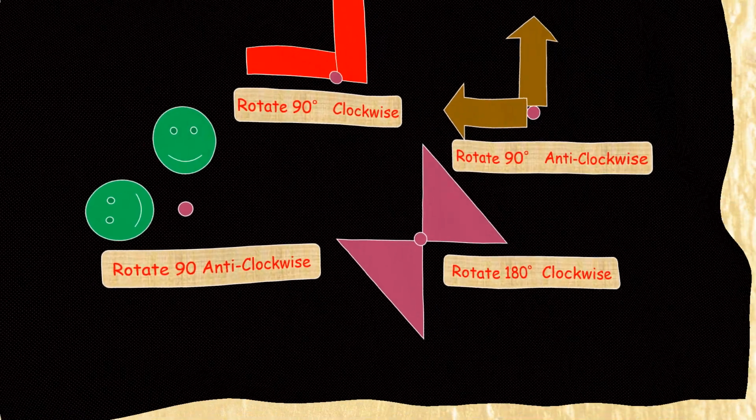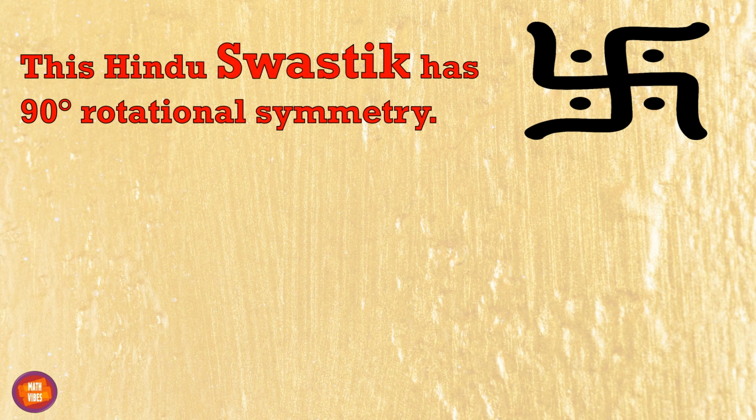Let's move ahead. Now a very nice thing that you should know is that this Hindu swastik has 90-degree rotational symmetry.